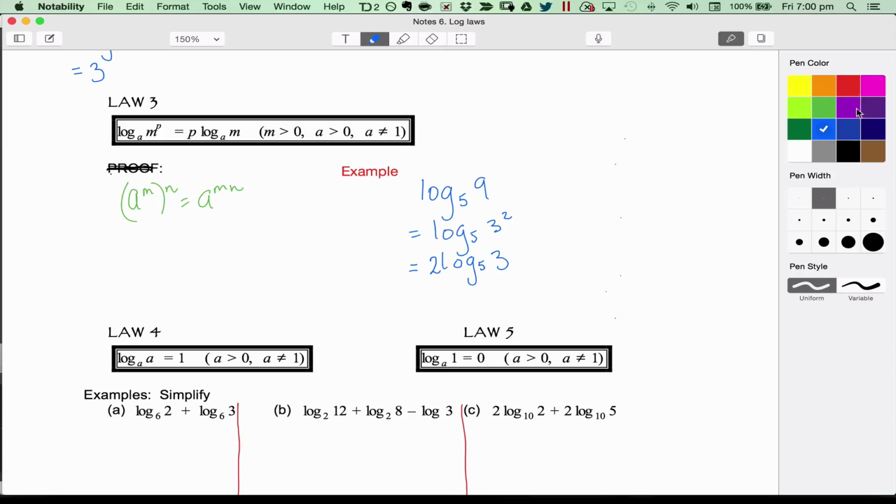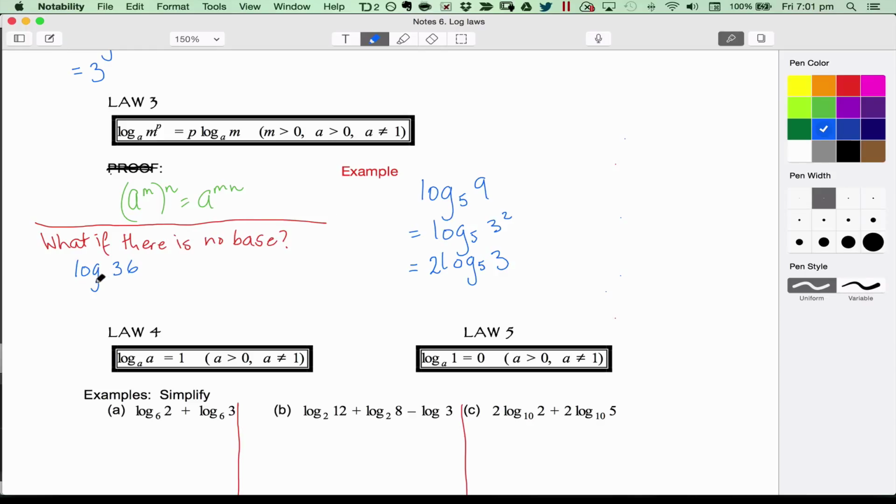Now I also wanted to highlight for you, I'll just put this in a separate box. What if there's no base? For example, you might get a problem that just says log 36.